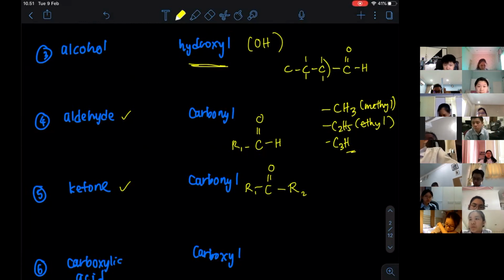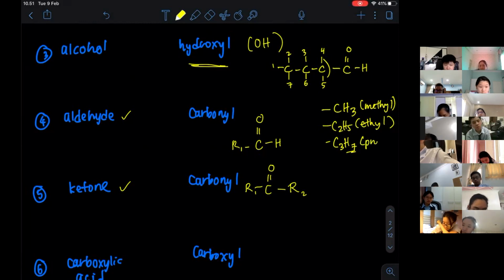So you draw the bonds and count how many hydrogens there are: 1, 2, 3, 4, 5, 6, 7. C3H7. This is called propyl group, and so on. Butyl, pentyl. But for you, I told you to remember these two: methyl, ethyl. So this is going to be alkyl group.